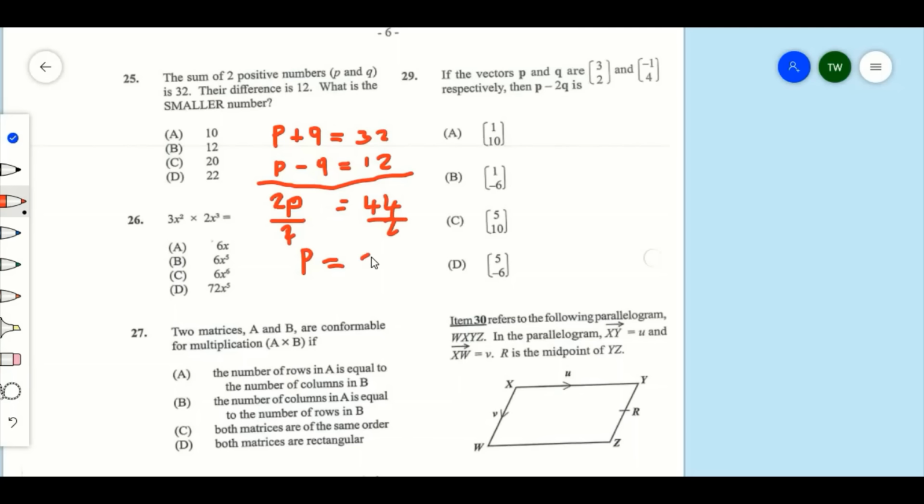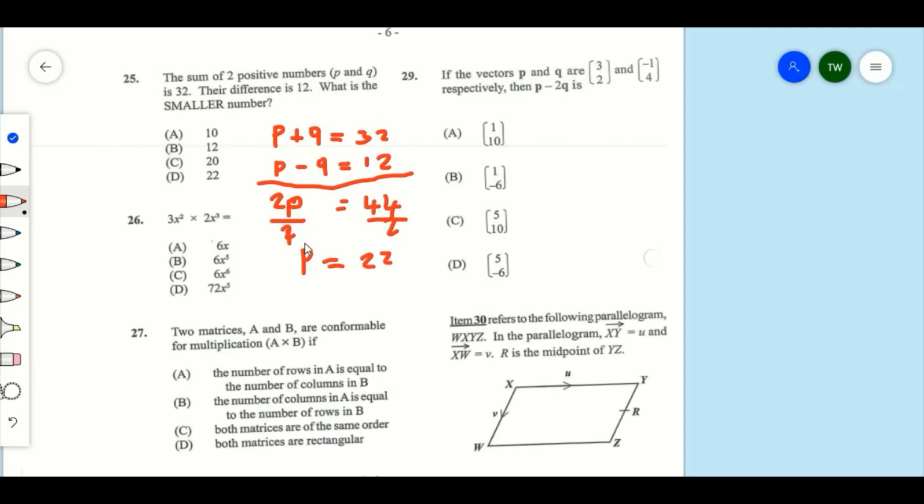That's going to give us 22. Alright? Now, we can determine what Q is going to equal. Because if P is equal to 22, we're going to sub P equals 22 in the second equation.